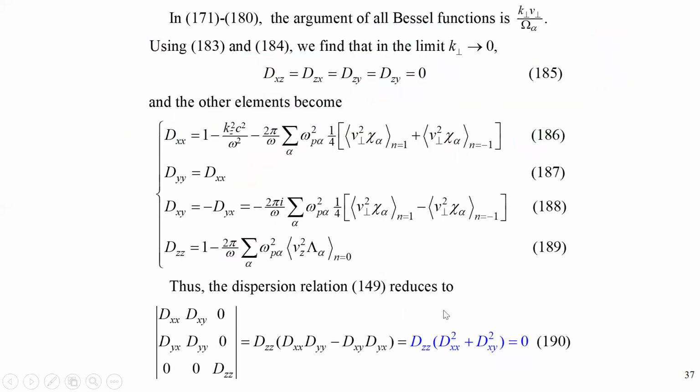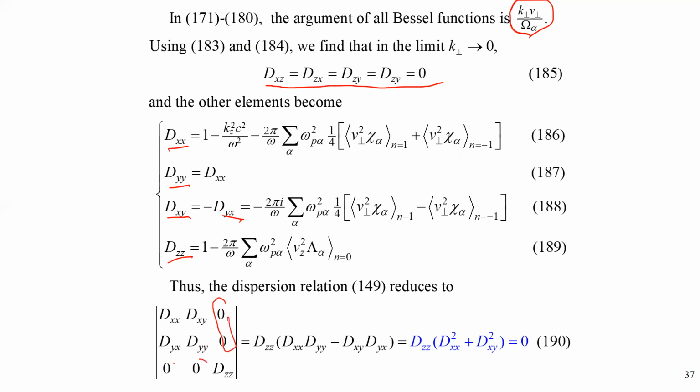Next slide. For the small argument of the Bessel function, we found that for the perpendicular component, luckily, other components are zeros. These 4 are zeros, so we still have 5: 1, 2, 3, 4, 5, just like this one.